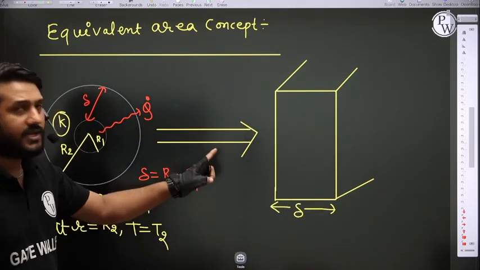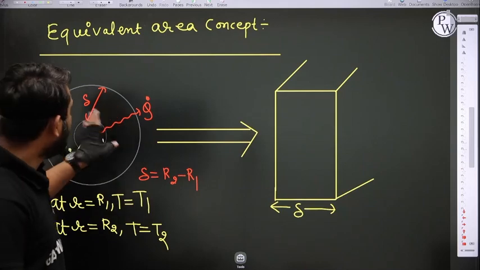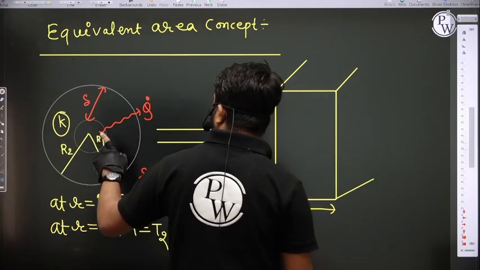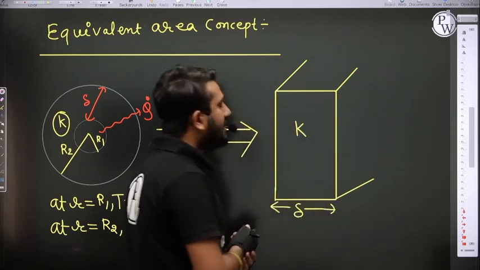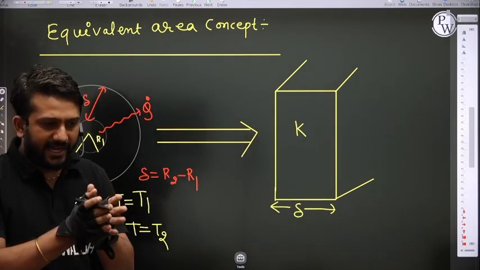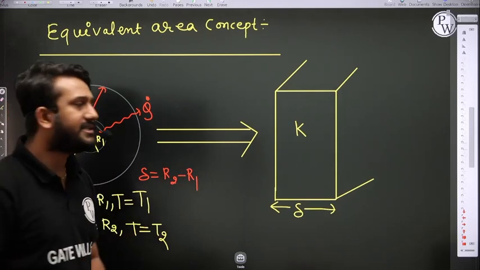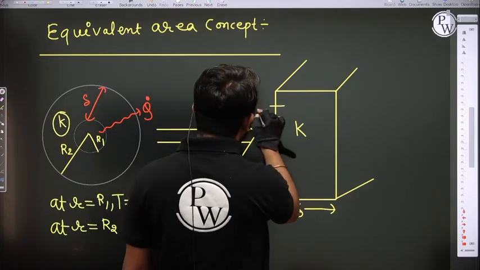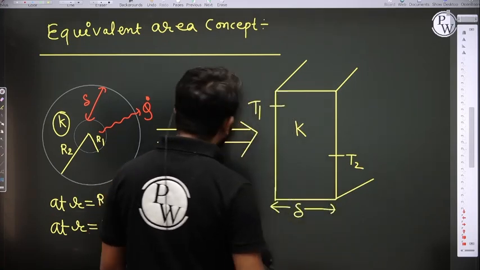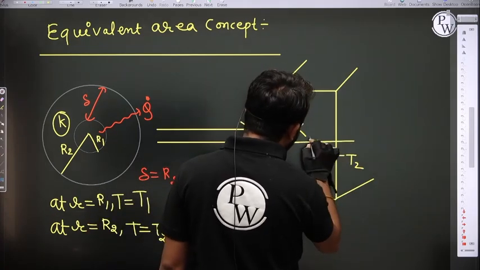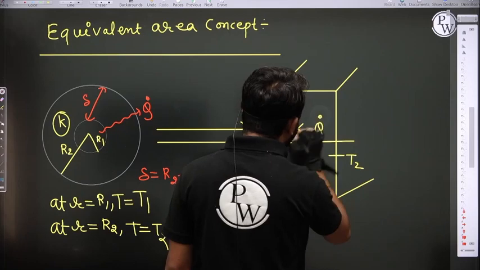This plane wall is made of the same material as the hollow cylinder, so the thermal conductivity is the same. The temperature difference across the surfaces is the same: here the temperature is T1, here it is T2. The rate of conduction heat transfer is also the same, Q dot.